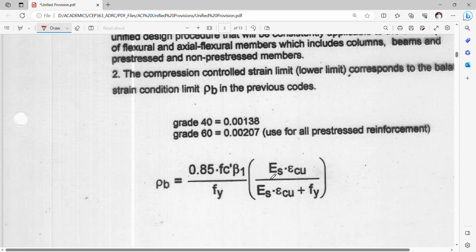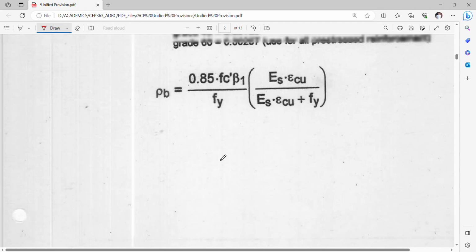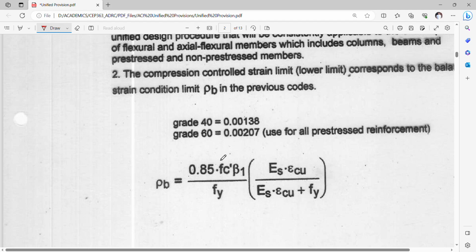So we can make use of a derivation later on to compare the strain limitation in terms of the reinforcement ratio limitations. We're familiar with this formula in general.